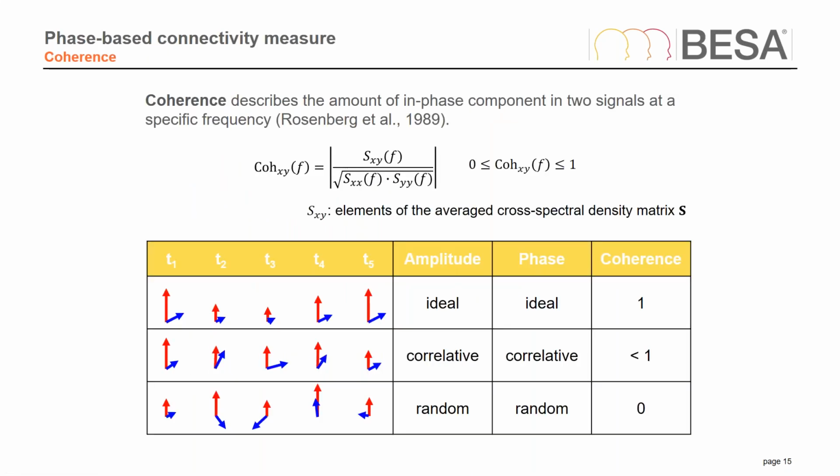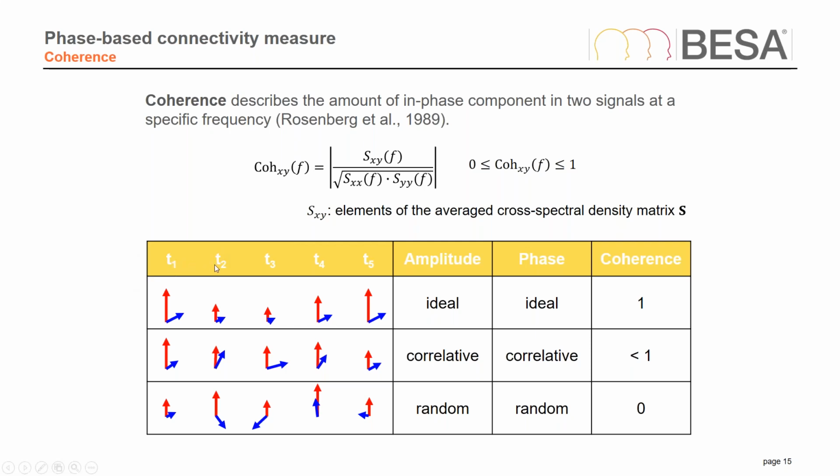So looking at phase-based connectivity measures, coherence. Coherence is maybe the best known connectivity measure. This describes the amount of in-phase components in two signals at a specific frequency. This XS, XY, this is the cross-spectral density between channels X and Y. And the chart at the bottom here shows an example for how different relationships between two channel signals will affect the calculated coherence.